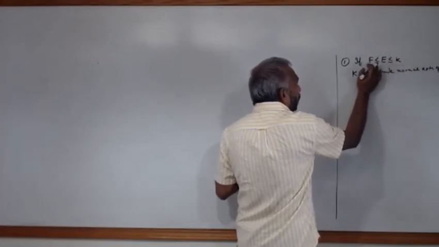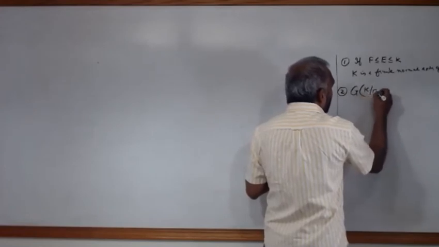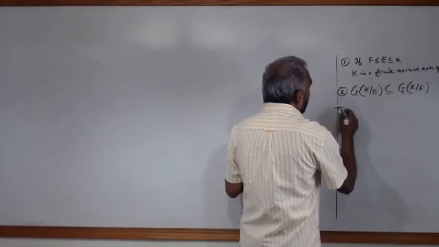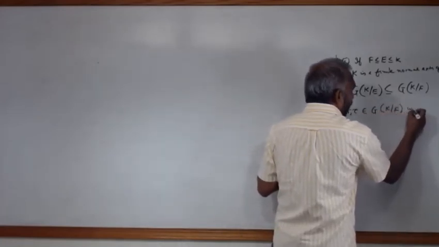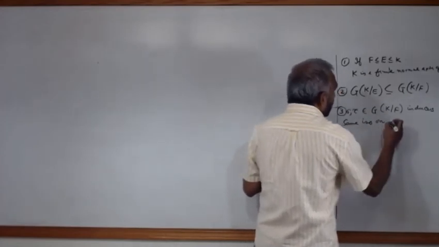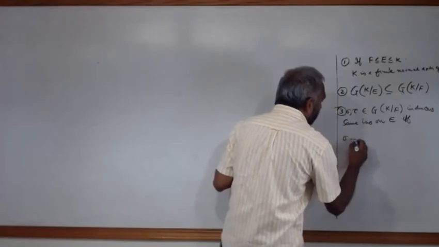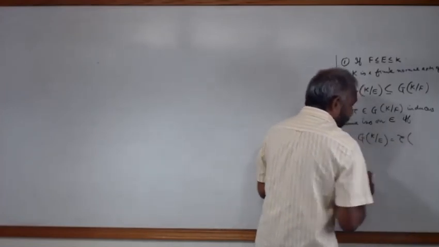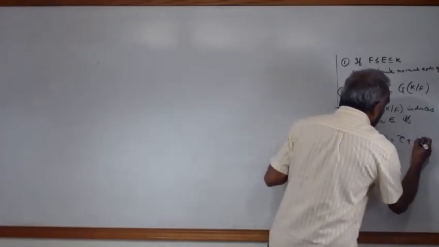K is a finite normal extension of F. We need to prove that K is a normal extension of E. Second one is G of K over E is a subgroup of G of K over F. Third one is sigma, tau belongs to G of K over F induce the same isomorphism on E if and only if sigma plus G of K over E is equal to tau plus G of K over E.